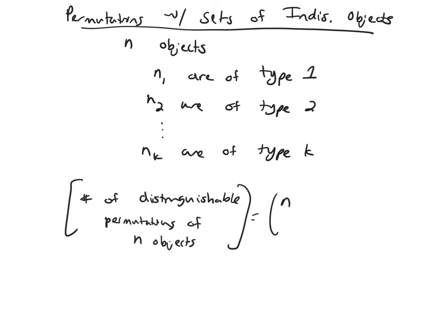First you pick the spots for the n1 type 1 objects, then from the remaining positions you choose where the n2 objects are going to go.